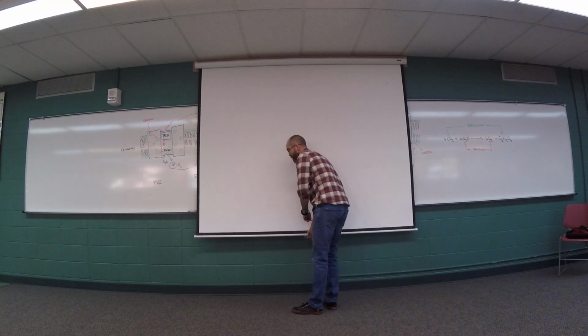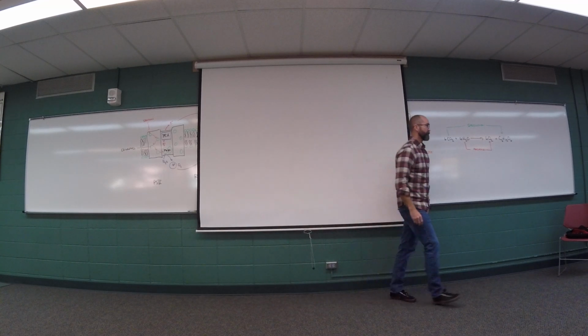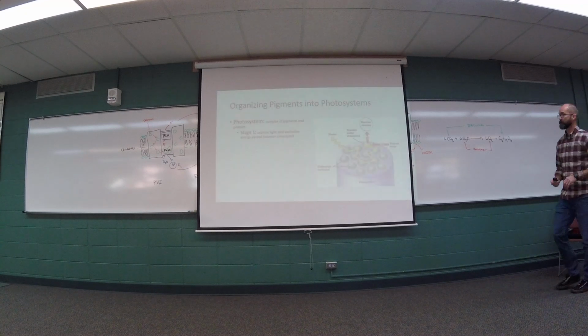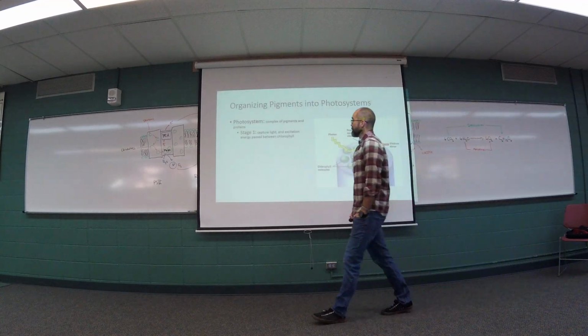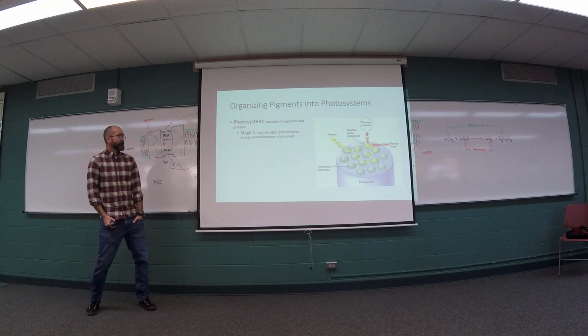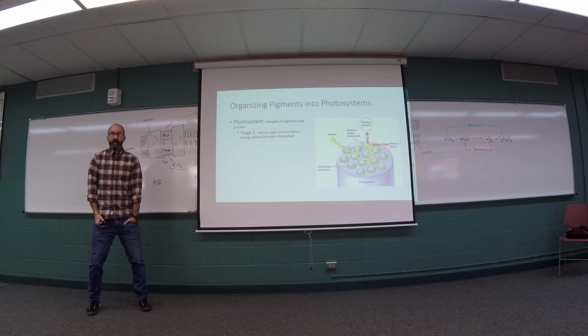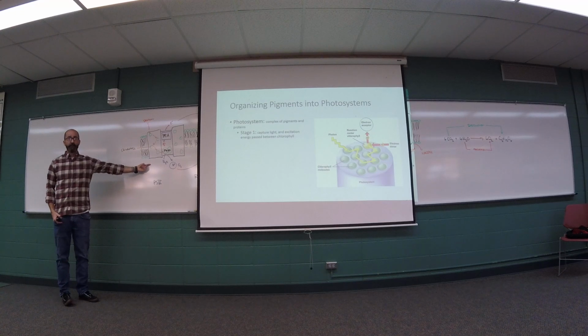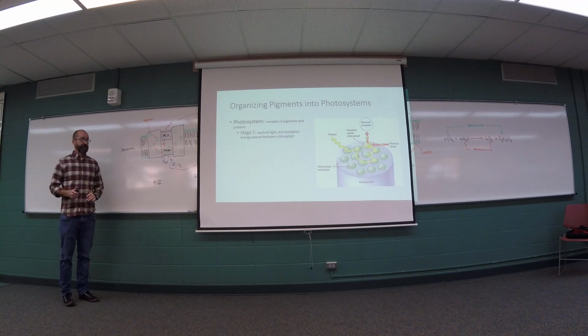So let's go through this in the slides really quickly. Okay. So I know we've already gone over this, but the first thing to happen in the light reactions, and it happens right here, is a chlorophyll molecule becomes excited when it receives a photon. So that's stage one, it's excitation.